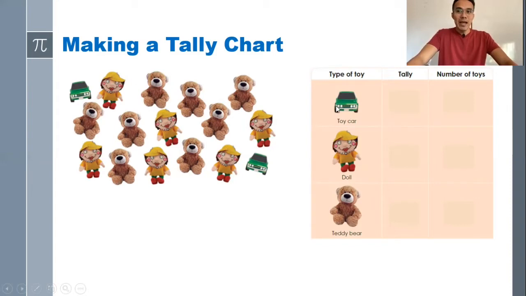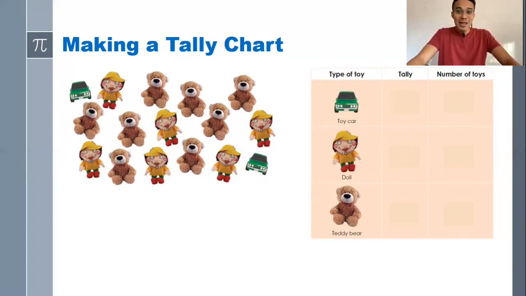The toys should be on the first column. We have a toy car on top, followed by doll, followed by teddy bear. And here in the next column is our tally marks. And the final column is for the number of toys.